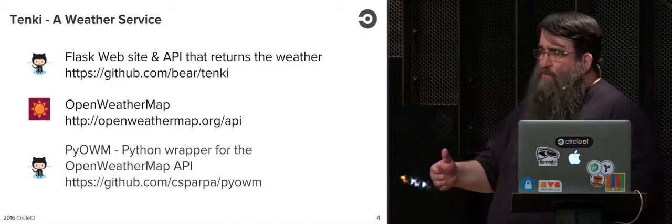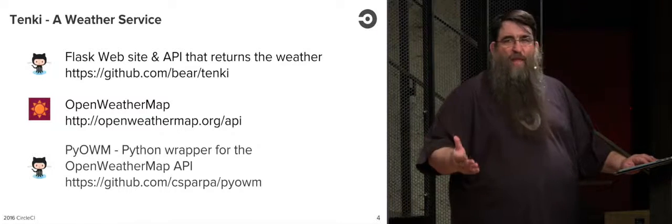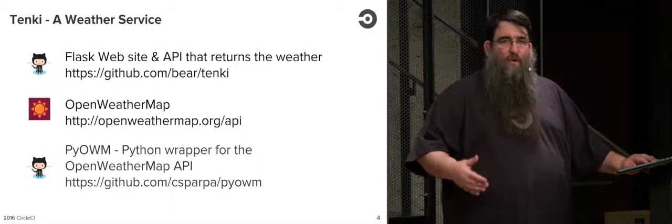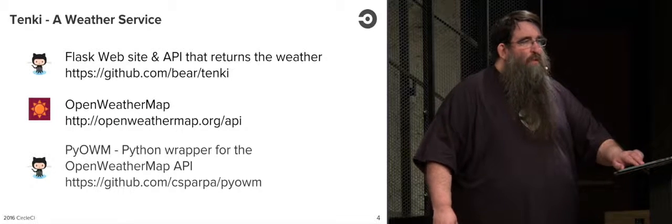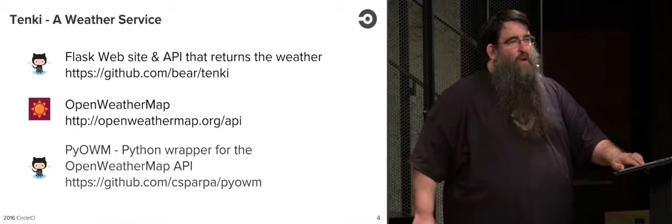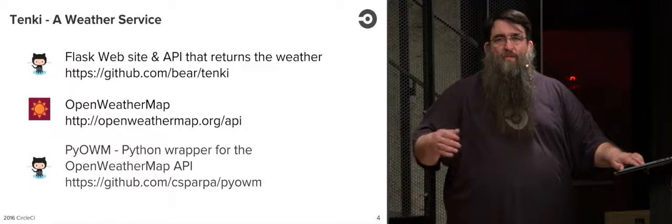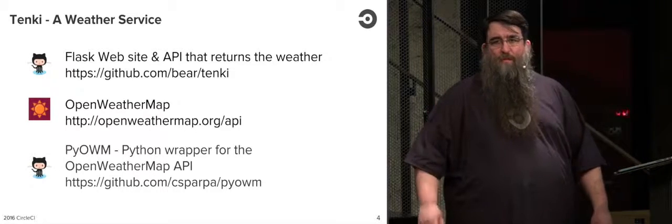Note that I could have created this with Django or Bottle or any of the other Python frameworks. I just chose Flask because it's a great minimal framework, which is easy to use as an example. All the code that I show here will be available at the GitHub URL bear/10key, and also the GitHub URL bear/Python testing with Flask.